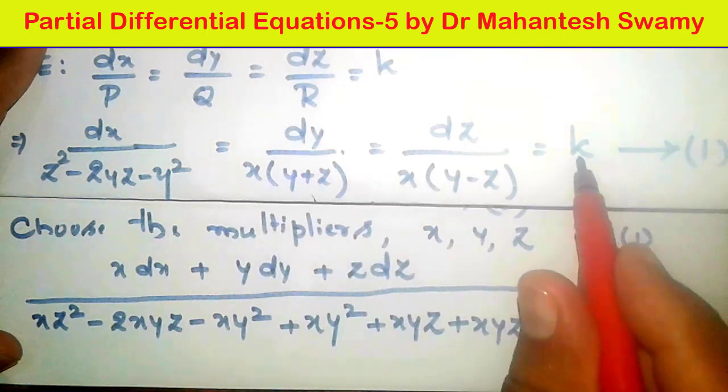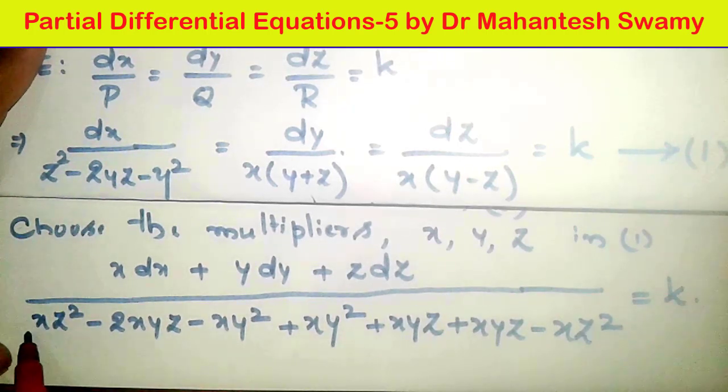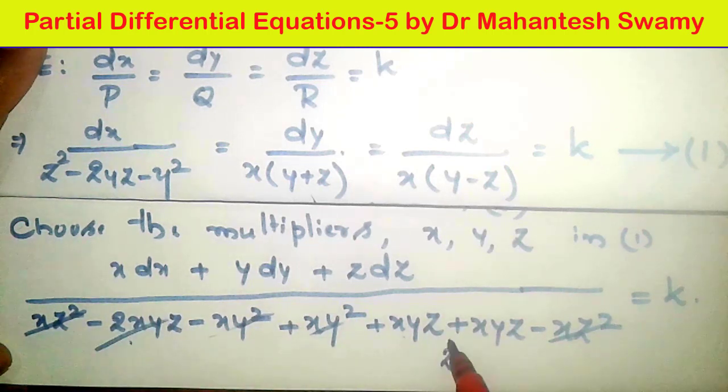And on RHS of equation 1 we are having k, so the same k continues here on right hand side, and we are observing the terms. This is minus and this is plus, so these two are cancelling. This is minus and this is plus, cancelling. So 2 times of xyz, cancelling with this negative of 2 times of xyz, so these two are cancelled.